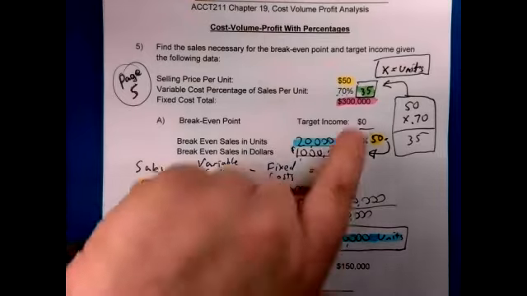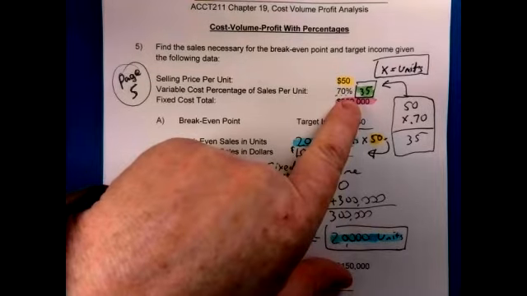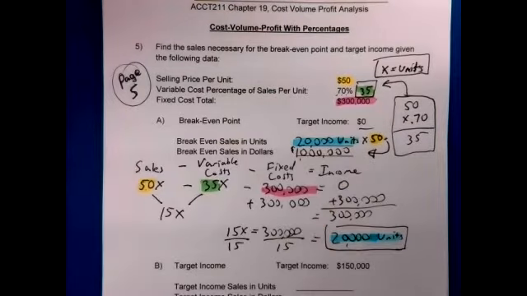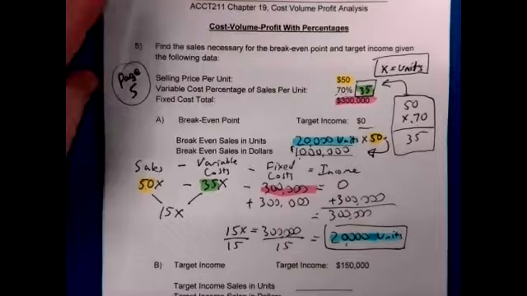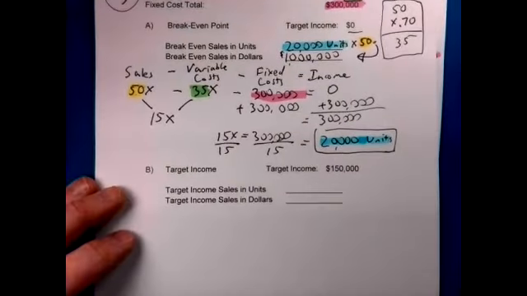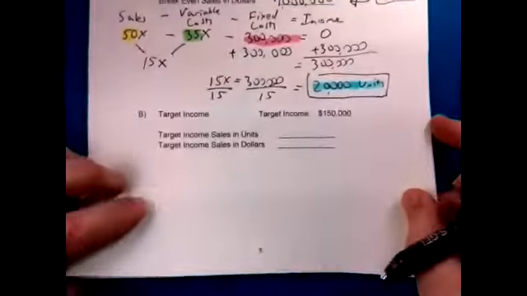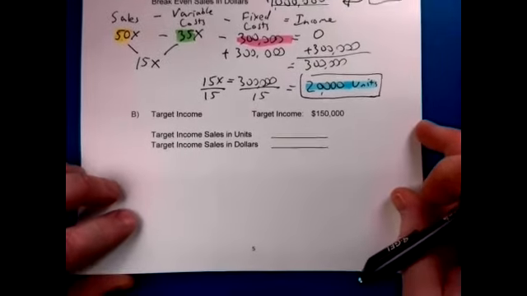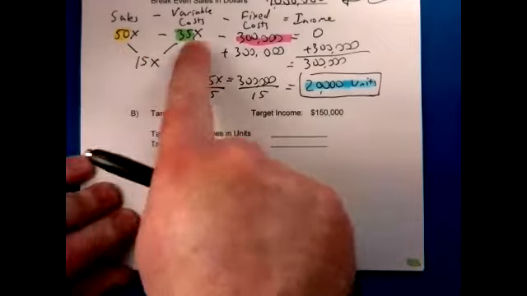Again, this is very much like the other one. The only thing is we have one more hoop to jump through, and that is changing this into a dollar amount. We're going to do the same thing down here, and everything is exactly the same.